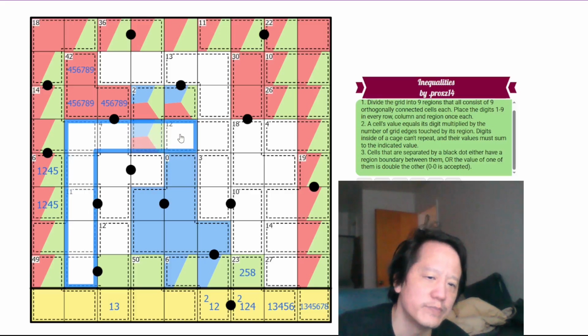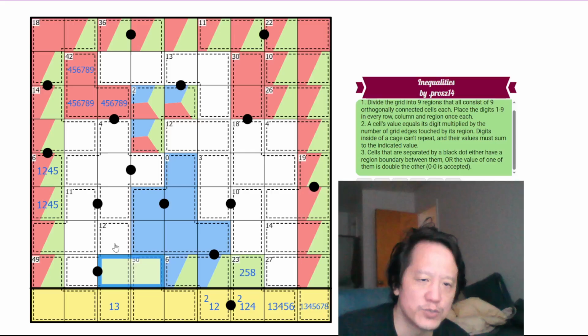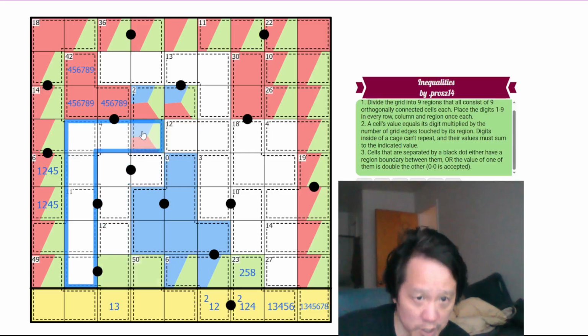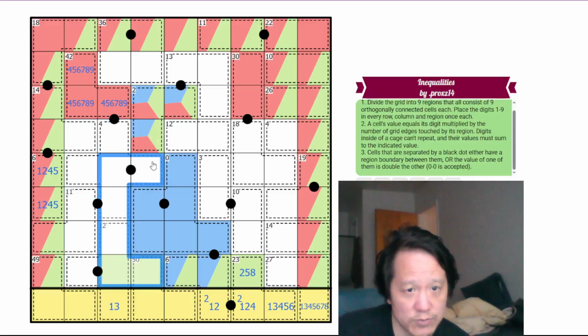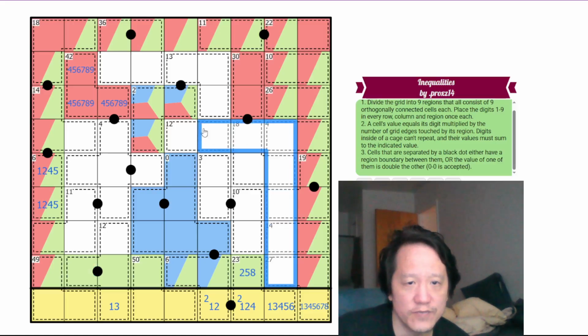Well, maybe no. If we have a blue here, it has to orthogonally connect as a region to other blues. And then this would get blocked. Right? Because you have to go blue here to blue here. This doesn't exit out. So this cannot be blue, it's green. What about this? 1, 2, 3, 4, 5, 6, 7, 8, 9.